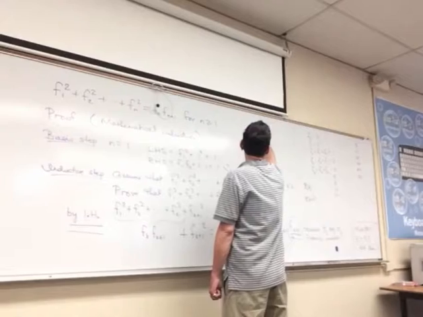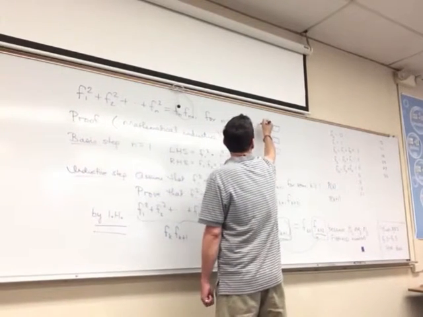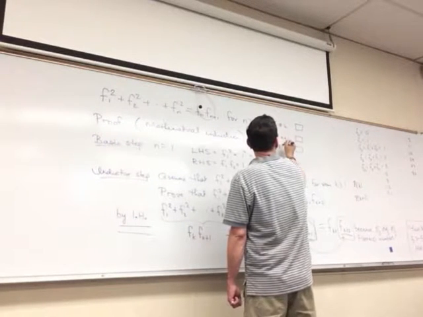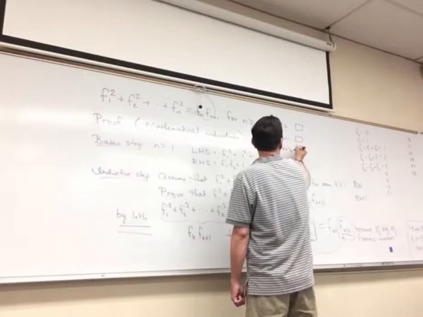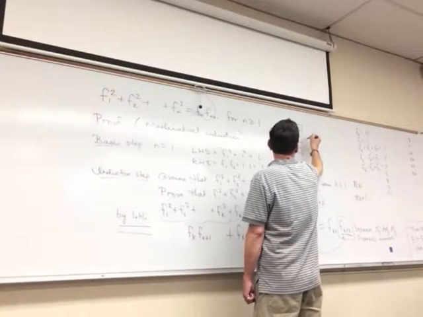So picture extending the Fibonacci sequence, listing a whole bunch of numbers. This is k. This is k plus 1. This is k plus 2. And the way you make Fibonacci numbers is add the previous two to get the next one.